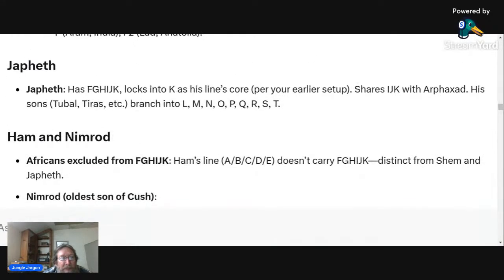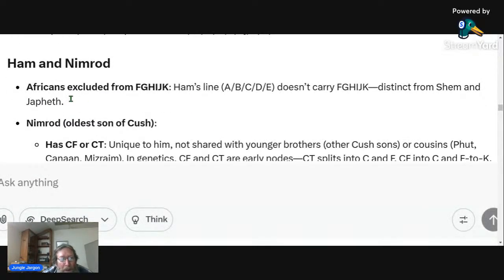Okay, so Japheth has a FGHIJK marker. Actually, the defining marker would be K, of course. It's his line's core. His line's core, per your earlier setup, shares IJK with Arpachshad, his sons Tubal to Raz branch into elemental P, Q, R, S, and T. Africans are excluded from FGHIJK.